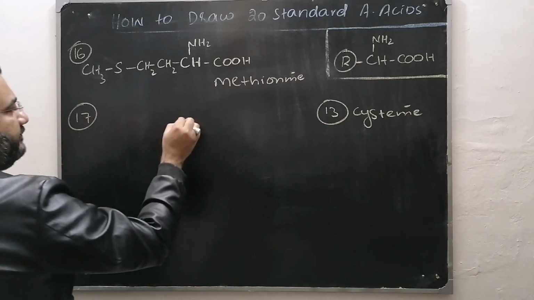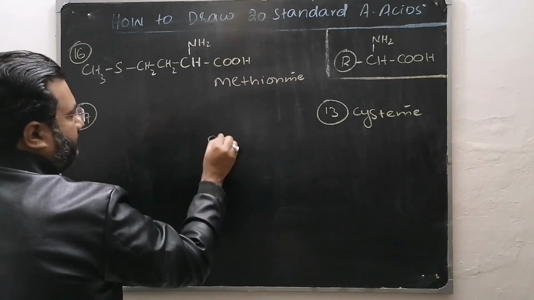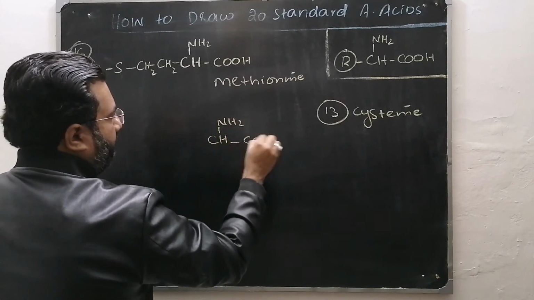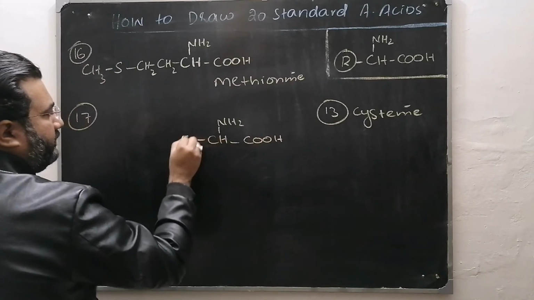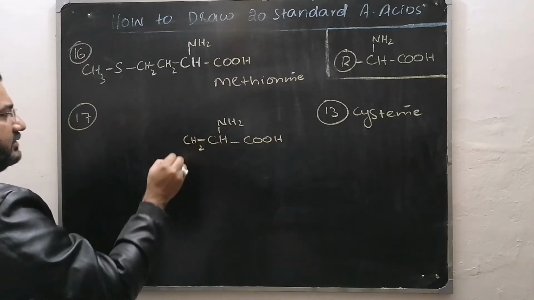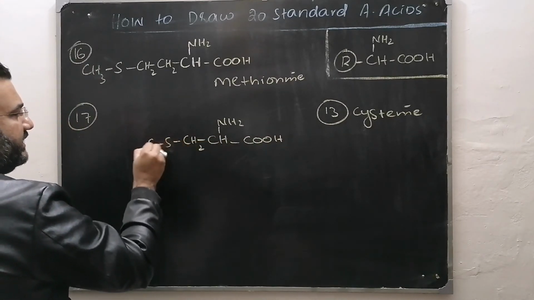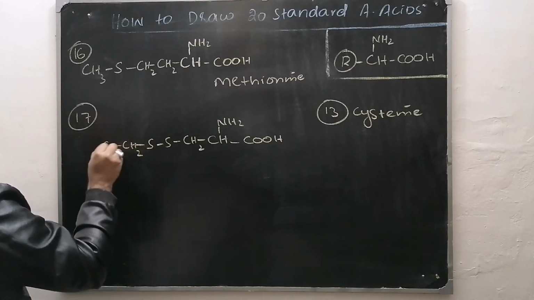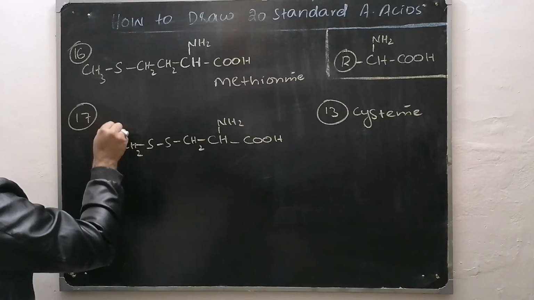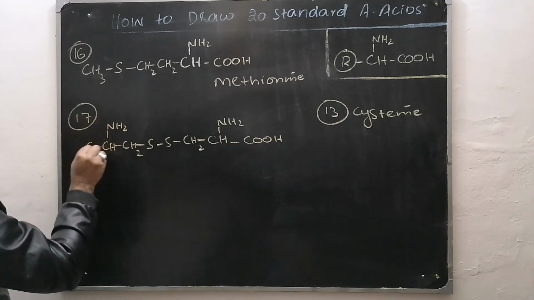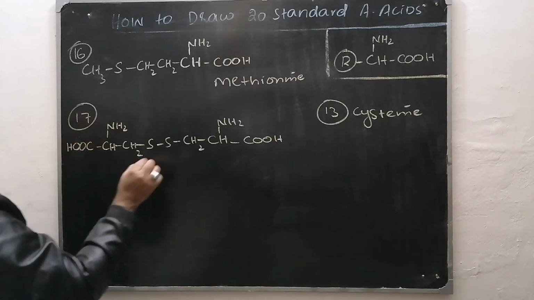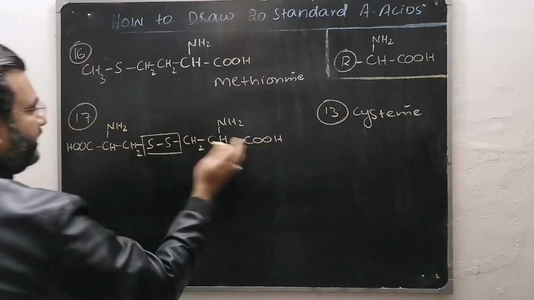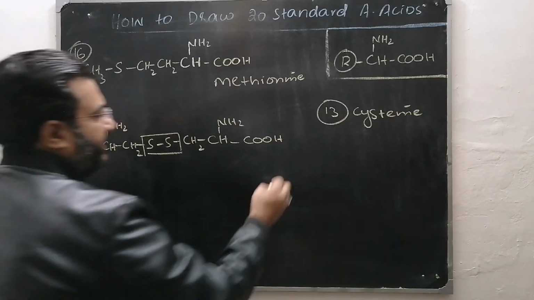Now when two cysteine molecules join together through a disulfide linkage, these are actually two cysteine molecules that have joined through the disulfide linkage.